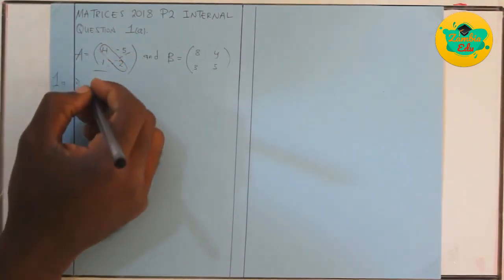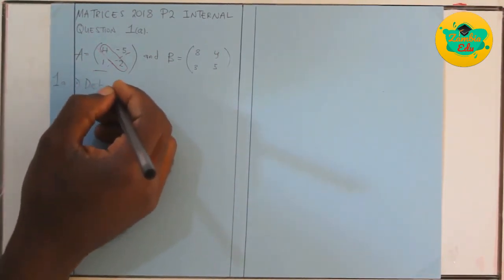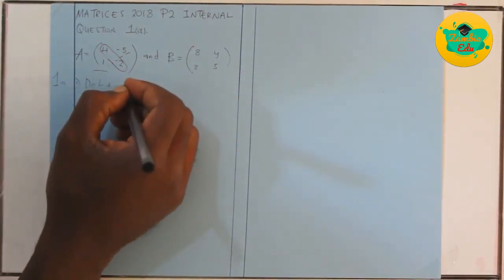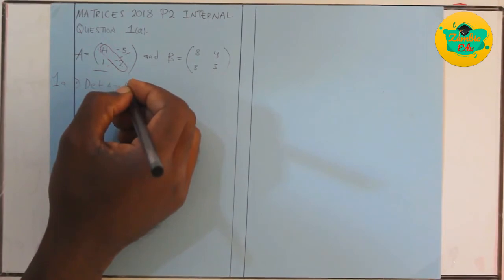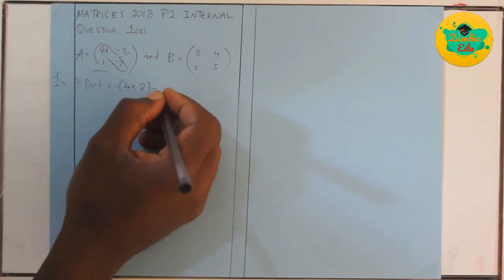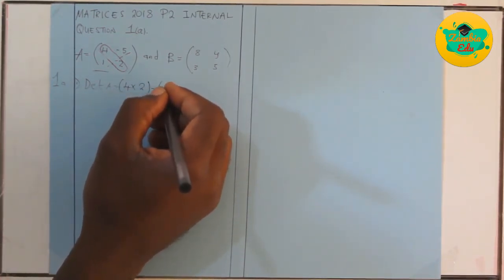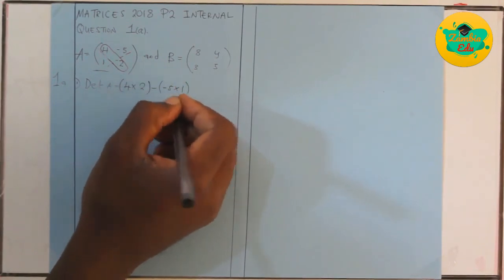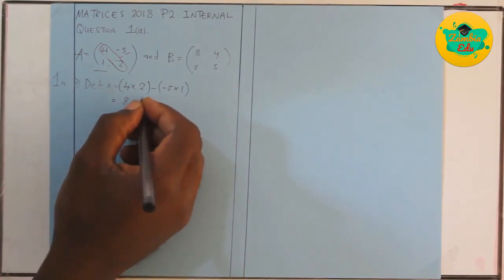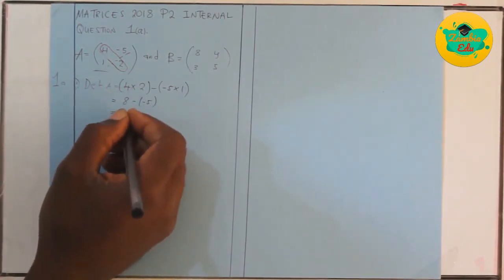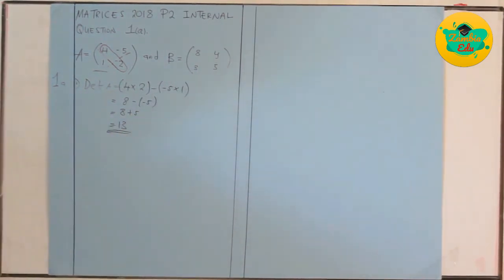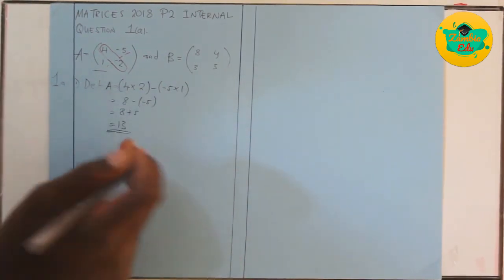So we are going to indicate determinant A is equal to 4 times 2 minus -5 times 1, which is equal to 8 minus -5, which is equal to 8 plus 5, which is equal to 13. So the determinant of A is 13.